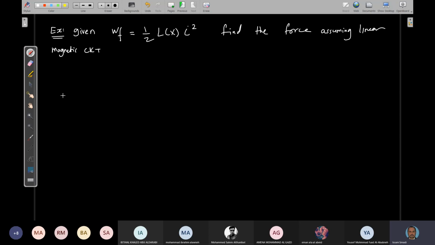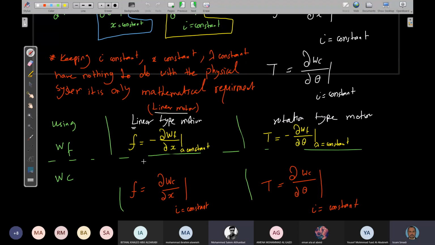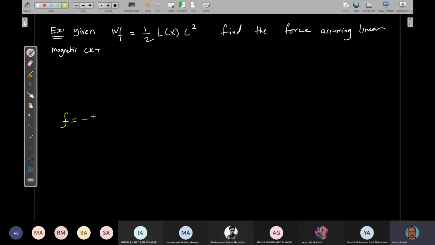Now, if I need to find the force using the field energy, what should I do? Do you remember the force due to the field energy? It is minus partial omega F over partial x, when lambda is constant.